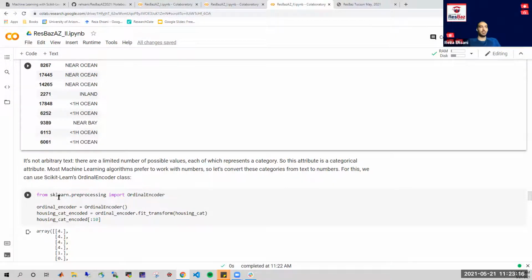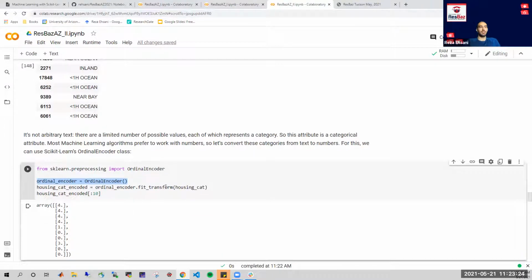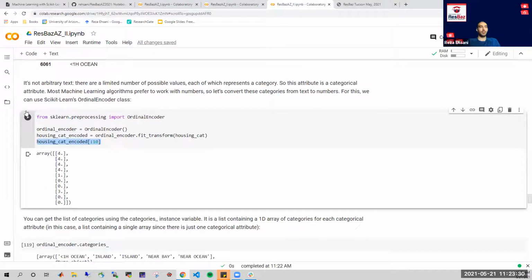So simply import the ordinal encoder from Scikit-Learn preprocessing, create an instance of the ordinal encoder, then fit and transform your housing categorical variable with it, and we can see how that works. So instead of the text, now we get numbers, and we can get the list of categories using the categories instance variable.